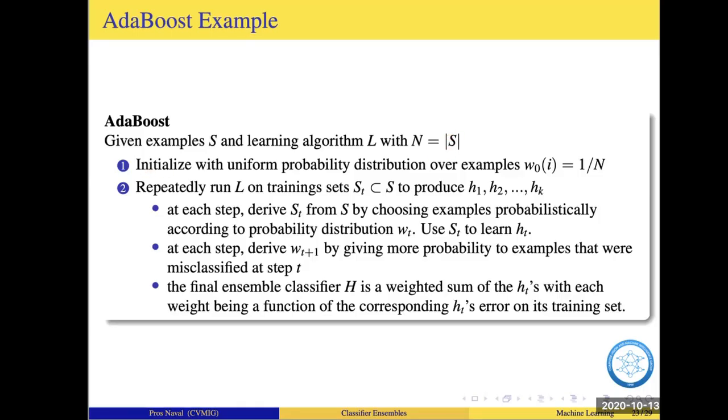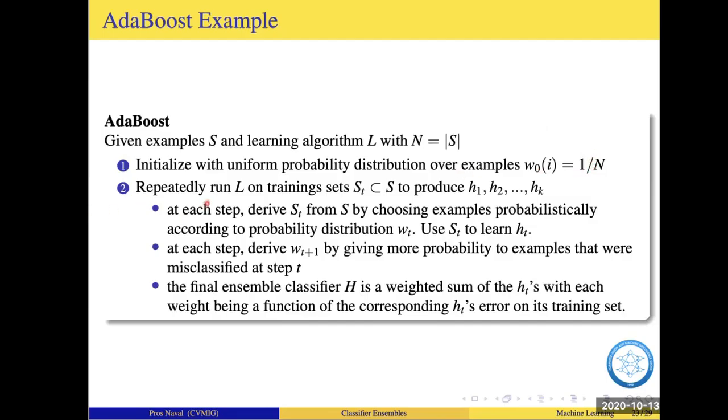We initialize with uniform probability distribution a vector called W. So it's a uniform distribution. There are N entries, components of your vector here, describing the distribution. And each of these elements would have a value of 1 over N.